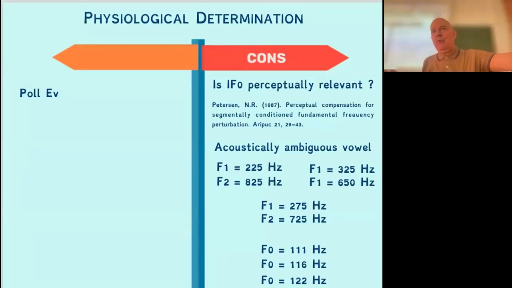So with really clear examples of u and really clear examples of o from an acoustic perspective. He then created a range of stimuli in which the acoustic characteristics of the vowel were manipulated so that you had all kinds of intermediate positions, some of which were acoustically ambiguous.